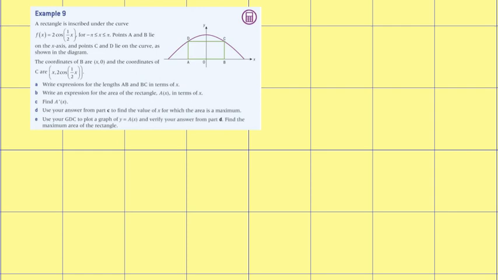Part D. Use your answer from Part C to find the value of x for which the area is a maximum. We know that there is a maximum when A dash of x is equal to 0, and if we use the first derivative test, we know that occurs when the derivative changes from positive to negative. So if we draw the graph of A dash of x and find this point, we know that that is the maximum.